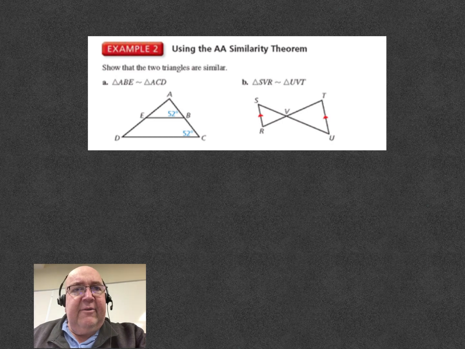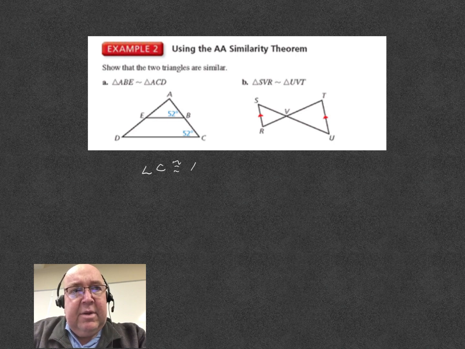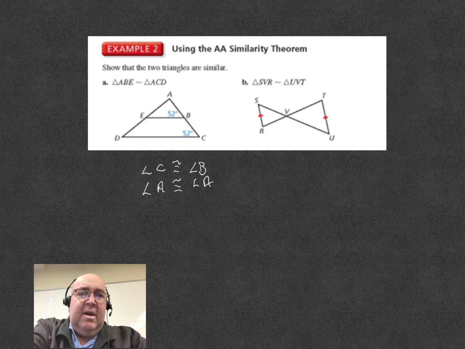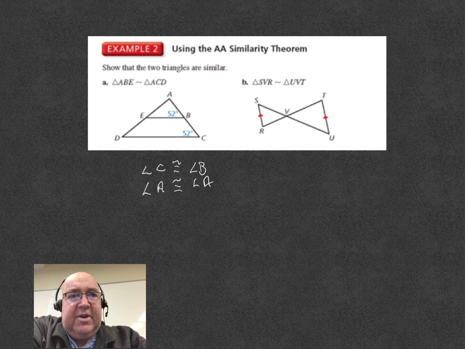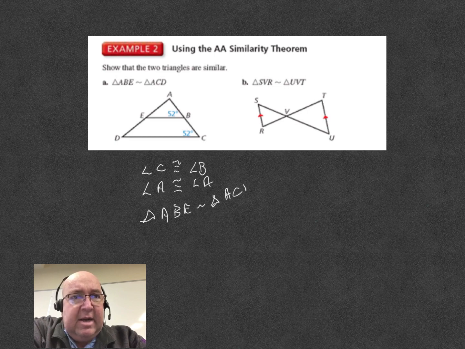So for A, we can say that angle C is congruent to angle B, and we can also say, because they share the same angle, angle A is congruent to angle A, and that tells us that we have two, so we know that triangle ABE is similar to triangle ACD.